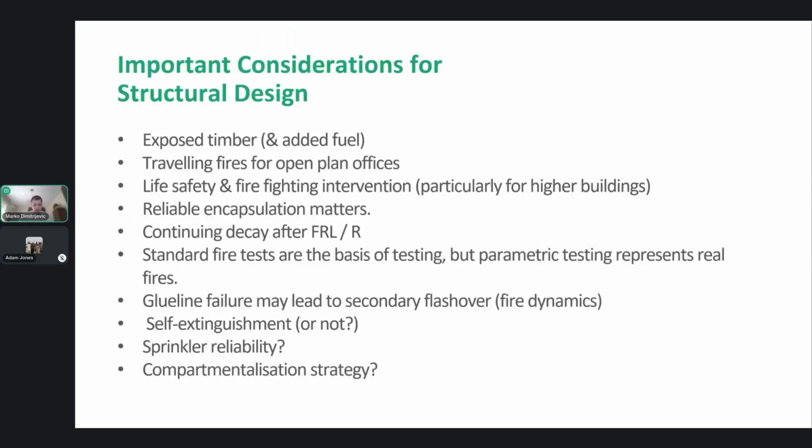Then, of course, there are a lot of questions about self-extinguishment, and the sprinkler reliability. Sprinklers are a very effective fire protection measure that can eliminate a lot of fires at the very start. And at the end, we have a question about compartmentalization strategies.